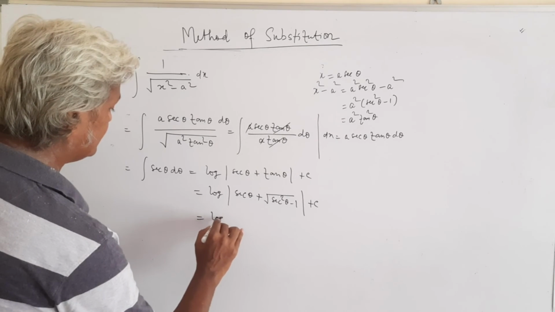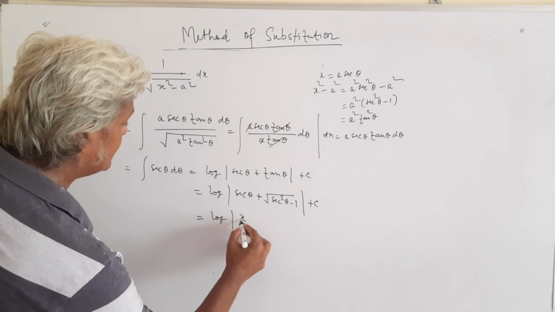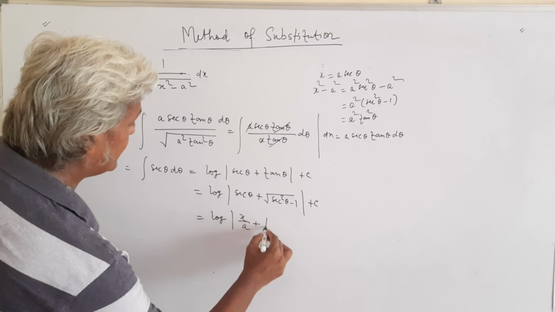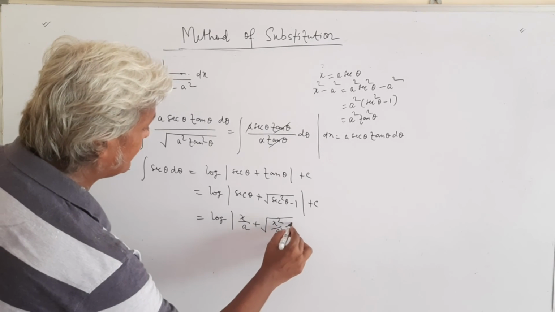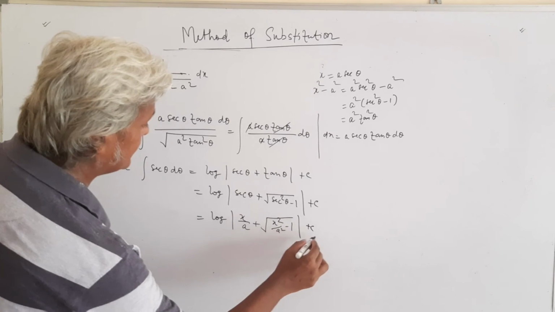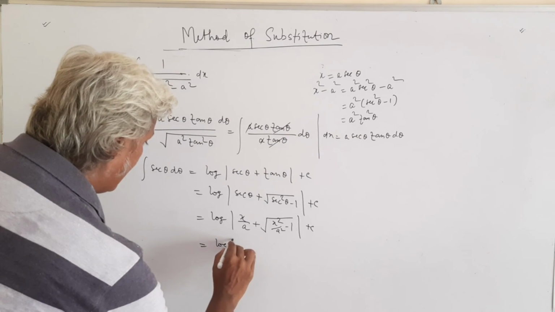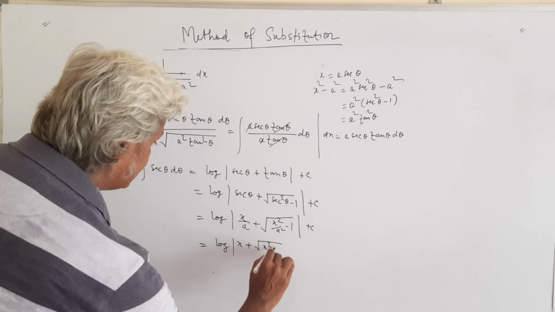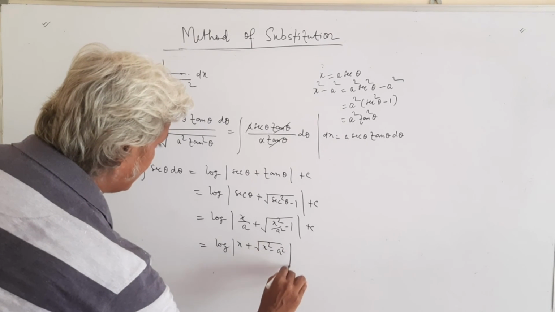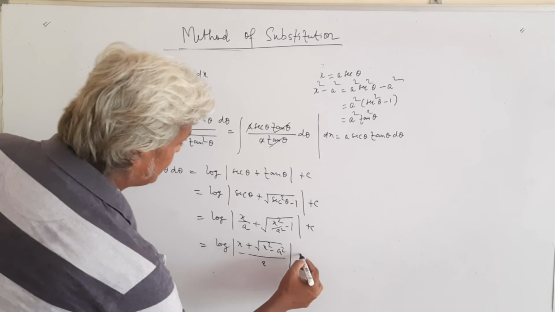So which is log mod, what is sec theta? That is x over a. So x over a plus under root x square over a square minus 1 plus c, and then you will have log mod x plus under root x square minus a square over a plus c.